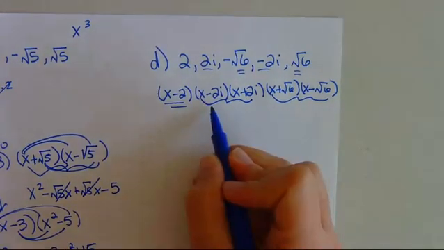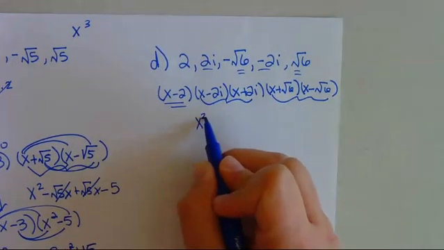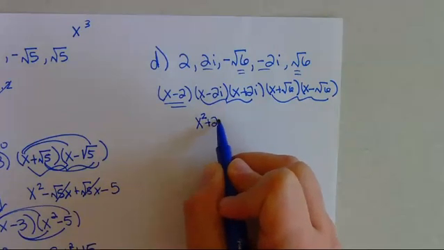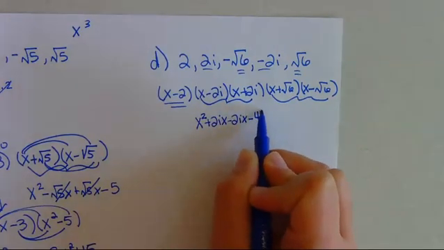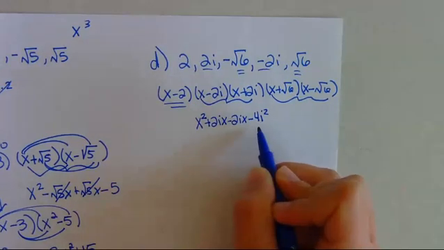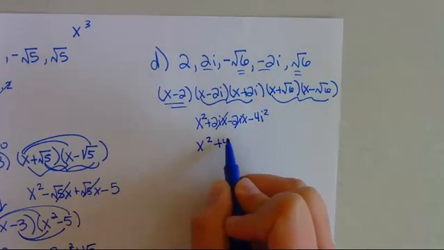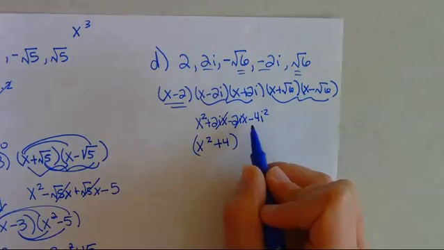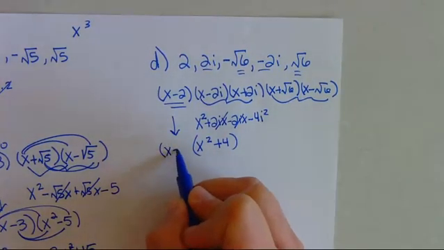So I'll start with these, x minus 2i, x plus 2i. So I'll have x squared plus 2ix minus 2ix minus 4i squared. So remember that that 4i squared is going to become plus 4. So x squared plus 4, those conjugates canceled out. We still have this x minus 2.